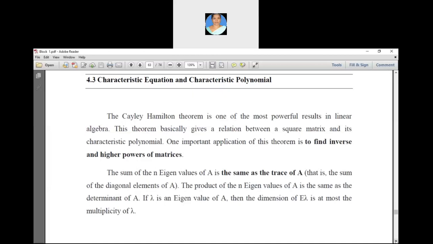The sum of the n eigenvalues of A is the same as the trace of A. The product of the n eigenvalues of A is the same as the determinant of A. If lambda is an eigenvalue of A, then the dimension of E lambda, where E means eigenspace, is at most the multiplicity of lambda.